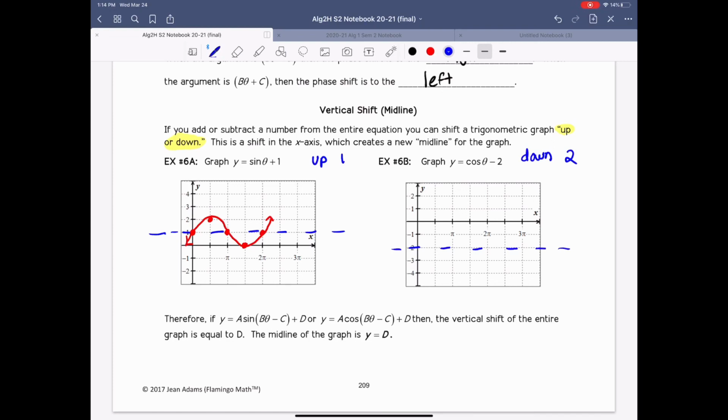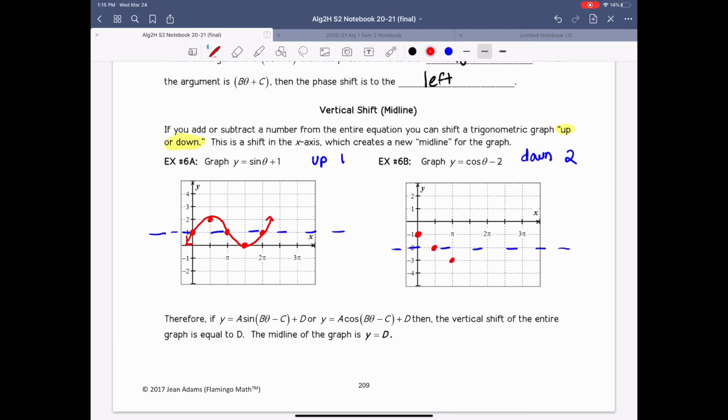Since the parent graph of the cosine function has a point at (0, 1), and I'm shifting that down 2, my starting point is now going to be (0, negative 1). From there, I'm going to be working around that midline that I've created. My next point is going to lie on the midline, which is at pi over 2. My next point goes below the midline, so (pi, negative 3).